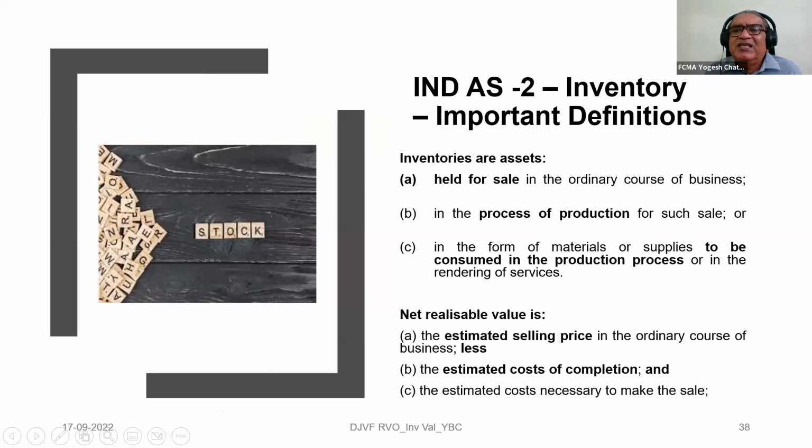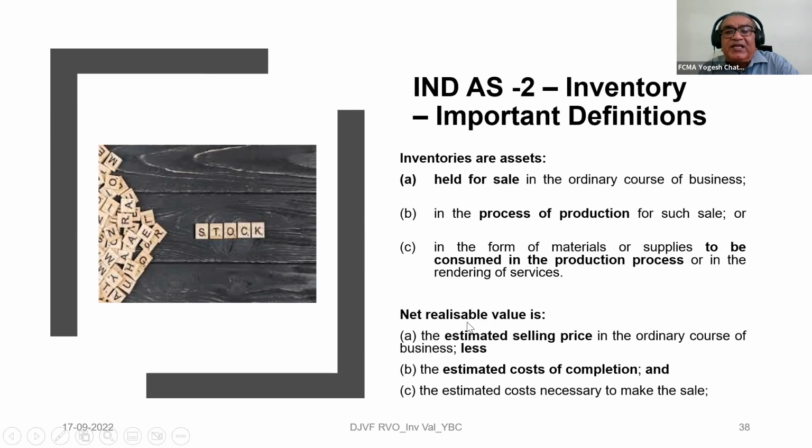As we have seen under IVS also, because IVS has borrowed the definition of inventory from IFRS, and this Ind AS again is based on IFRS. So almost the same definition is there for raw material, work in progress, and finished goods inventory.